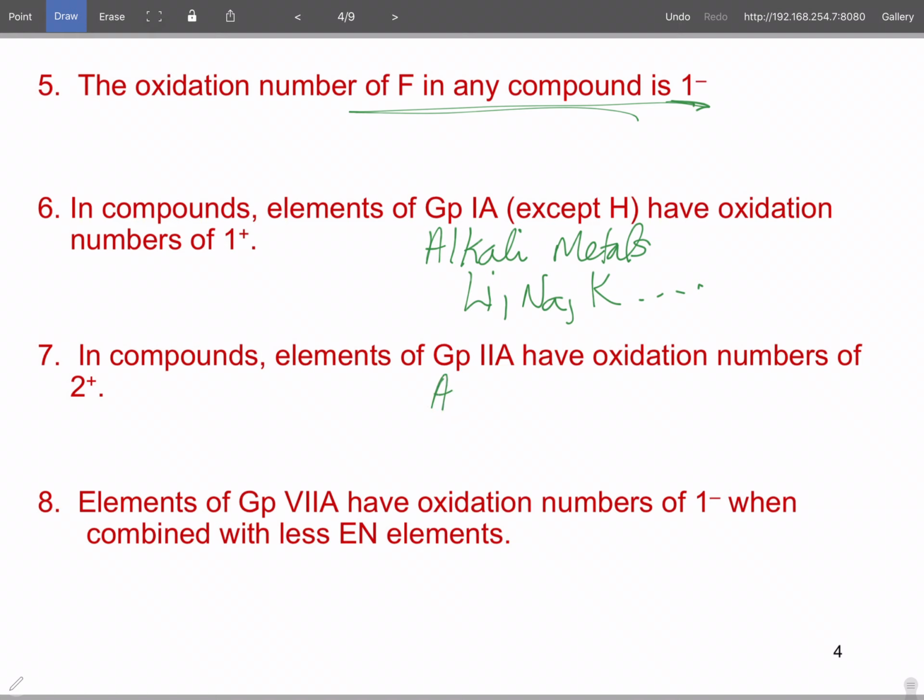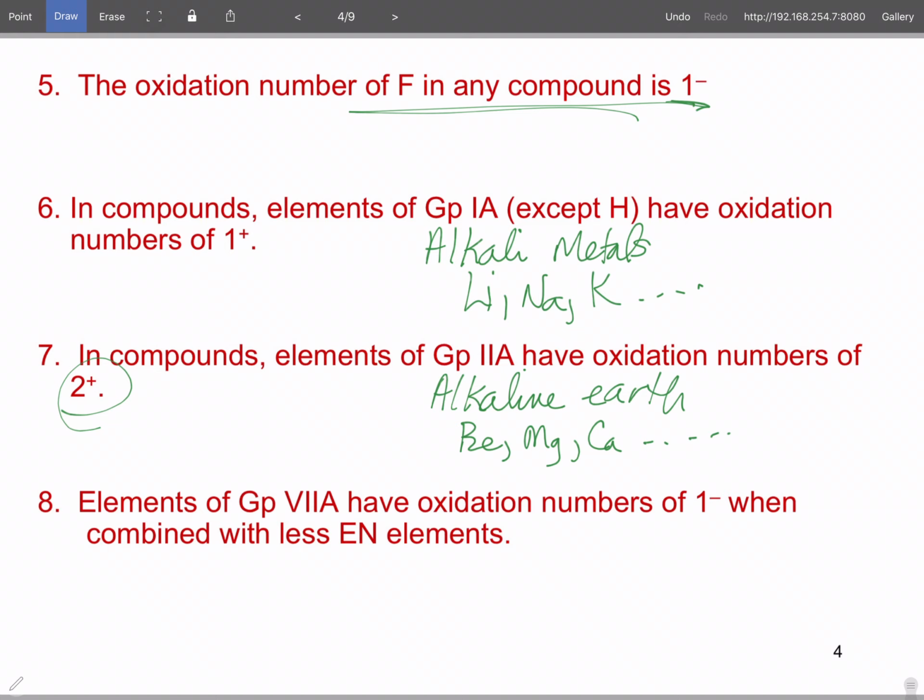Group 2, the alkaline earth metals, have to have an oxidation number of 2 plus. So if you look at them, it's beryllium, magnesium, calcium, etc. Okay? And remember, there are always a few exceptions, but you have to go with the general rule. They're all going to be 2 plus. That's all they can be.